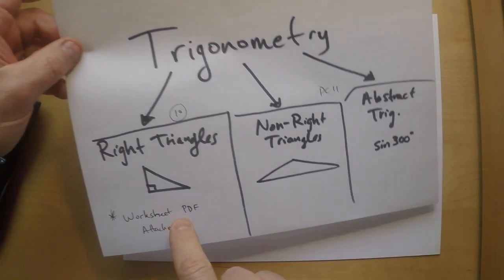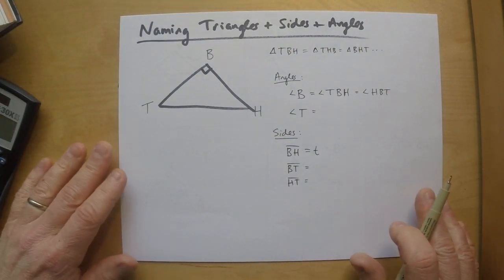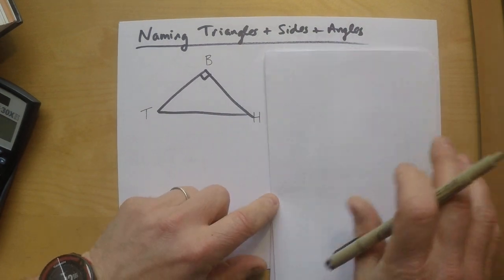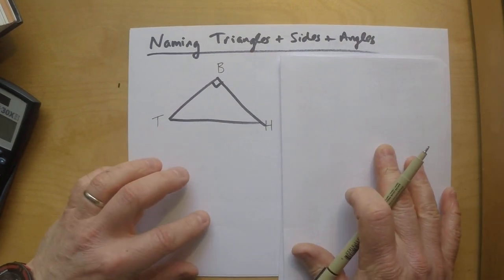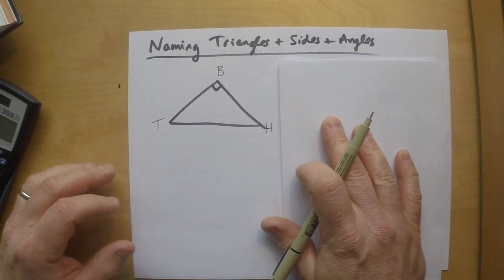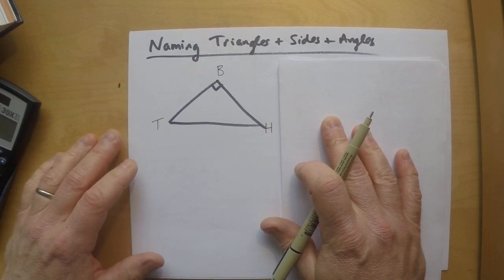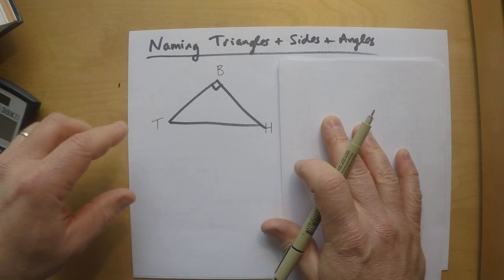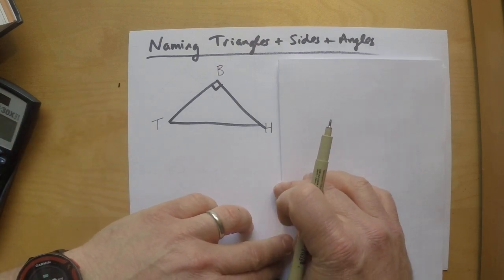As a reminder, just a few things about naming triangles. I just want to make sure you're aware of some things that might be helpful or possibly confusing. If you don't know how to name angles and sides in a triangle, trig can be very difficult because you won't know what you're even doing.